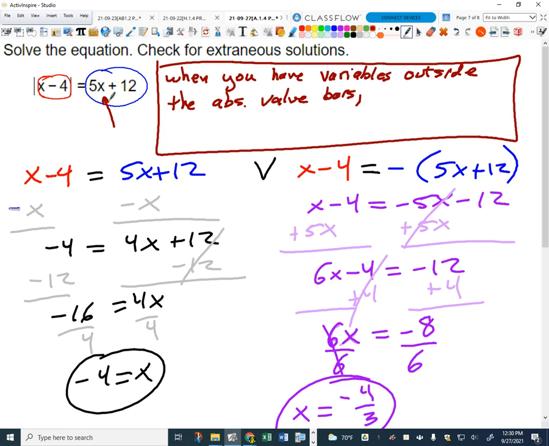We have an x outside of the absolute value, then you must check for extraneous solutions.